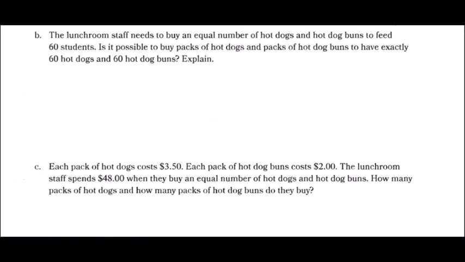Lunchroom staff needs to buy an equal number of dogs and buns to feed 60 students. Is it possible to buy packs of dogs and buns to have exactly 60?